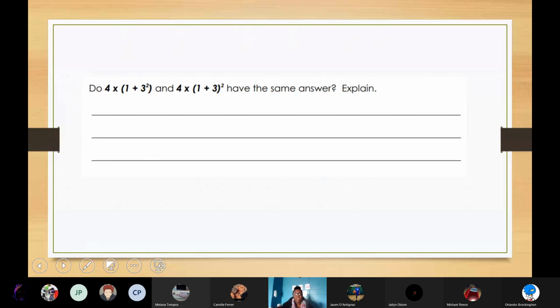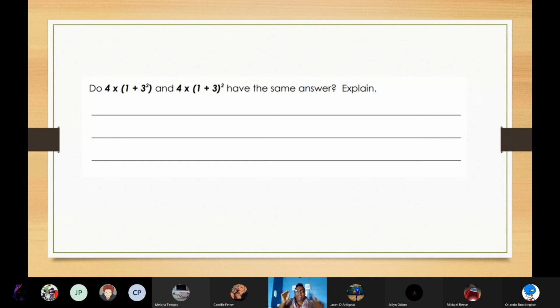So let's do this one together as a class. This question is asking us: do 4 times (1 plus 3) to the second power and 4 times 1 plus 3 to the second power have the same answer? Let's make some predictions.